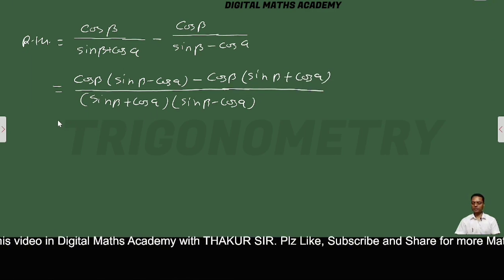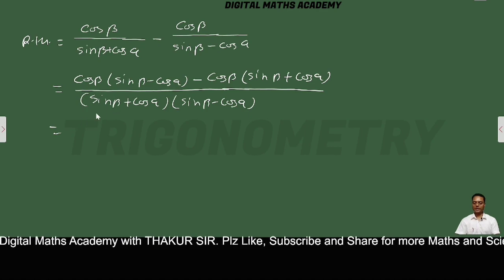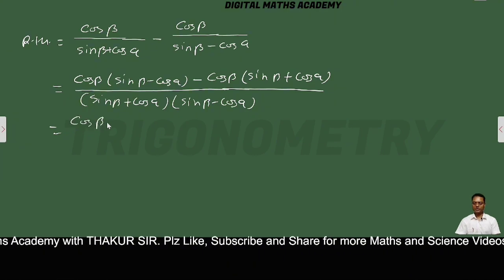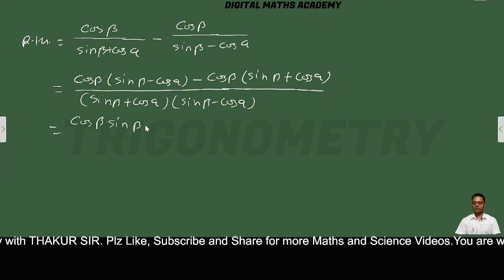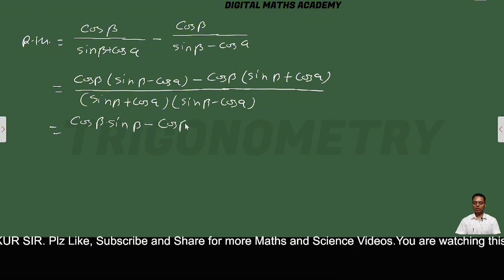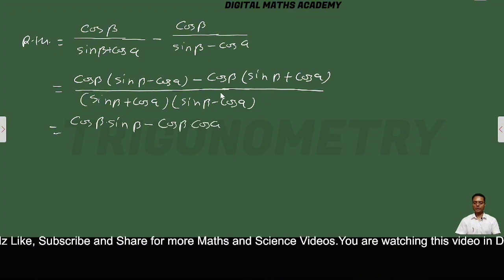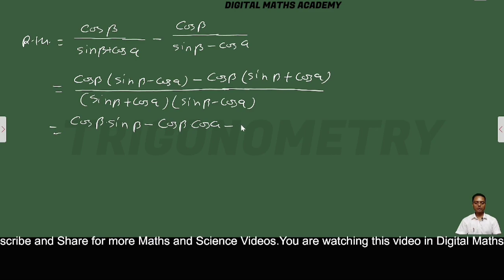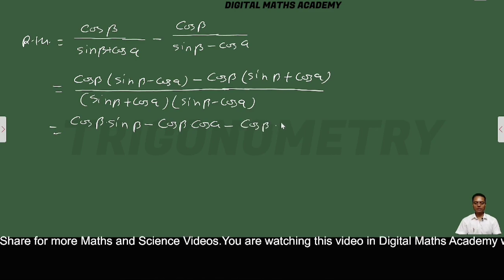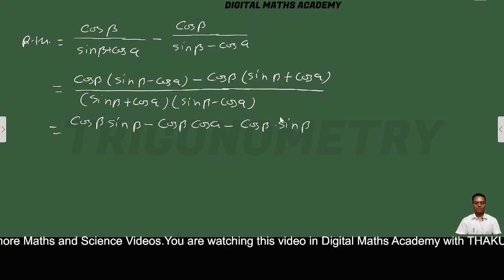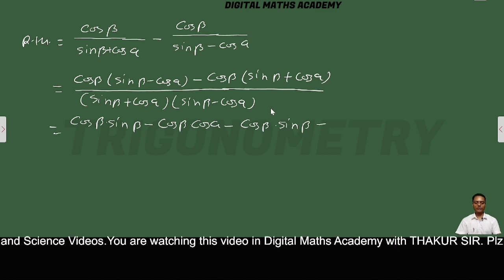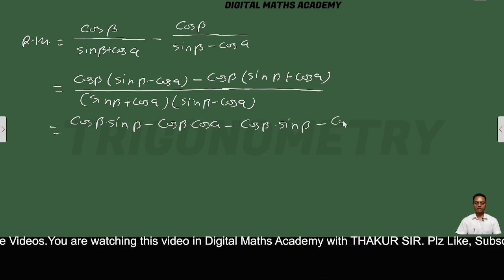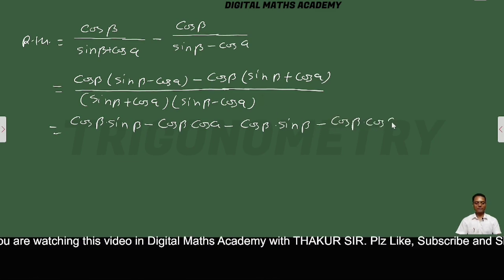So we have to do the simplification here. Just open the brackets. So we have here cos beta dot sin beta minus cos beta dot cos alpha. So open the bracket by minus cos beta. So we can write here cos beta dot sin beta, and minus times minus sign we can write plus, and then we can write here cos beta dot cos alpha.